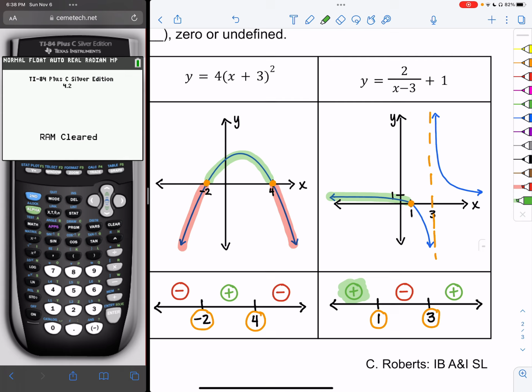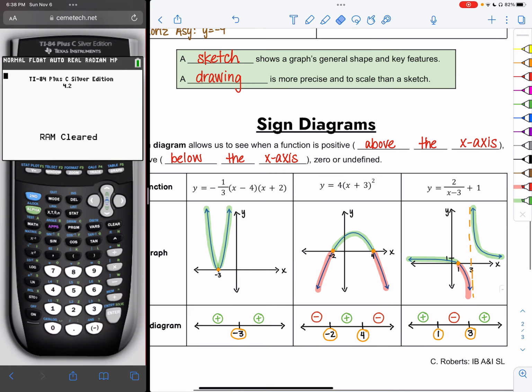And then I see that it was also positive when x was bigger than 3, which I denoted here. The function was negative or below the x-axis in between 1 and 3 here, which means that I put the negative sign here. All right, so that's just an introduction on looking at graphs and looking at sign diagrams.